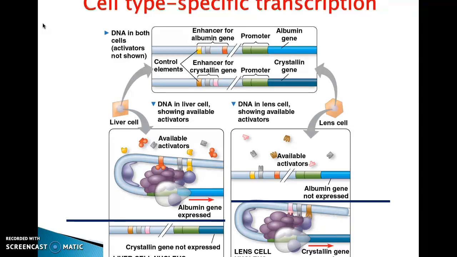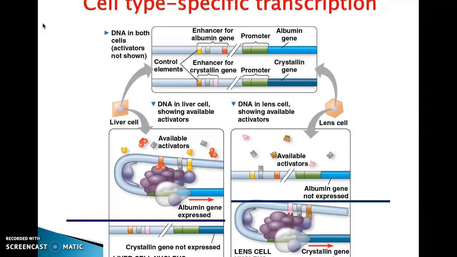And on the right-hand side, you can see that of the available activators, only those are present that are going to help to make crystalline. You will not have any activators associated with albumin.